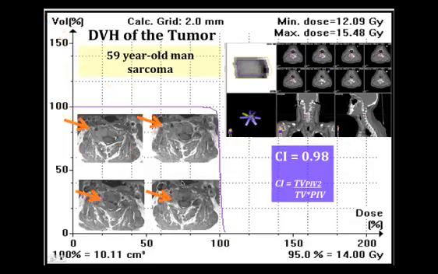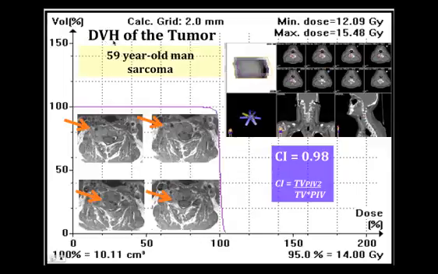Now, I want to share with you our single case of radiation-induced myelitis after radiosurgery. This is a 59-year-old gentleman who had a sarcoma with a C4 metastasis from the sarcoma. As you can see here, this is the dose volume histogram of the tumor.